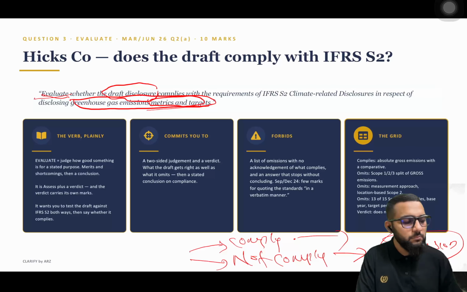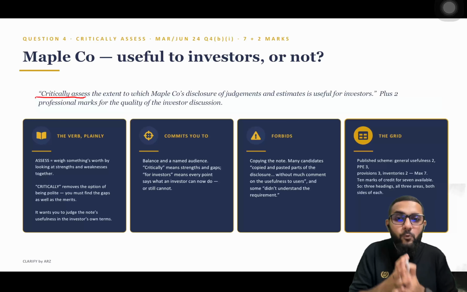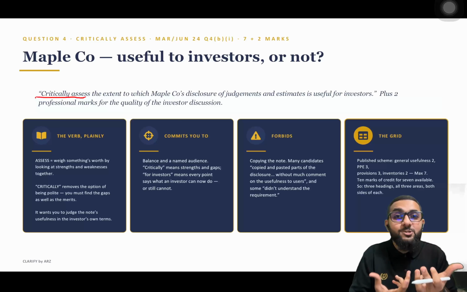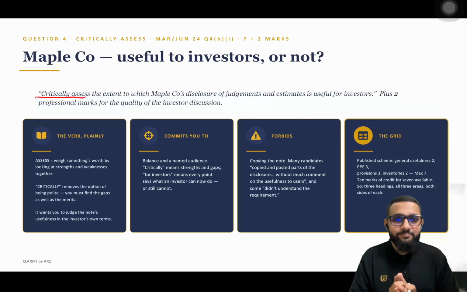Okay, right. Then question 4. Now this is where critically assess is being used. Okay. Now critically assess is where you are supposed to assess from both the sides again, giving more weightage to what is not good than what is good, right?